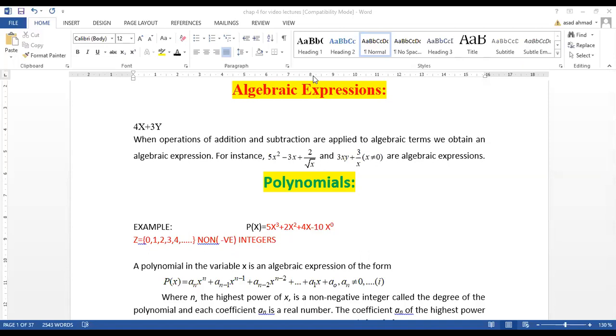The power of x will never ever be negative. I am going to quote a few examples of which types of things will not be polynomials. First I will quote those examples which are not polynomials, and then we will go to the identification or definition of the nth term of a polynomial.